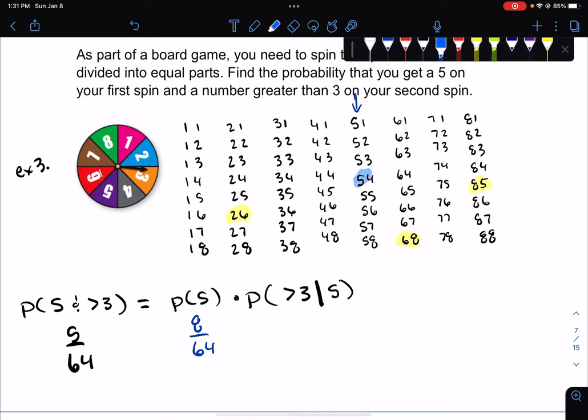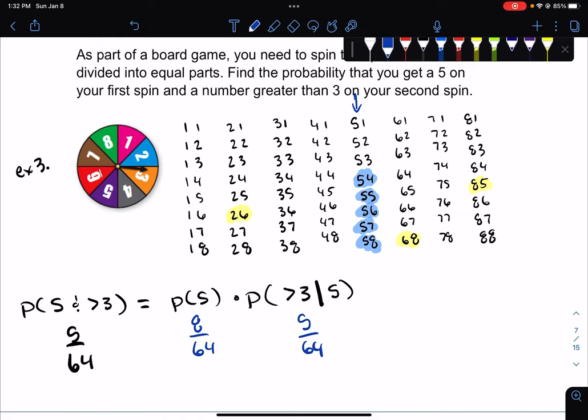This one got a 5 first. This one got a 5 first. This one got a 5 first. This one did. This one did. So out of the 64, only 5 out of the 64 have got a number greater than 3, given that it already got a 5, right?